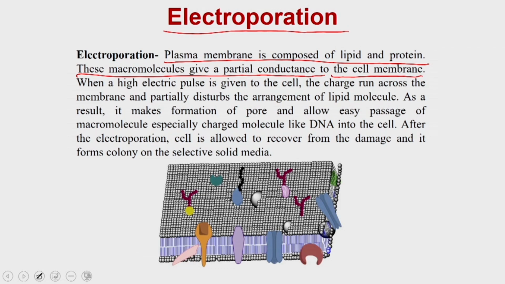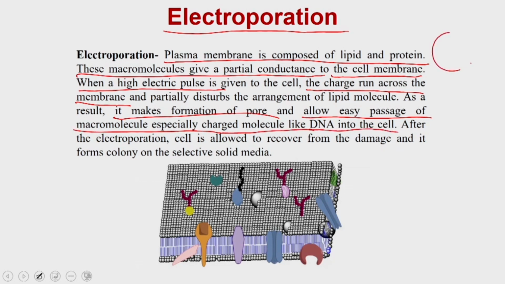If you provide a very high electric pulse to the cell, the charge runs across the membrane, and because you have a partial charge present on the membrane, that disturbs the arrangement of the charge on the membrane and brings a lot of pores onto the membrane. The formation of pores allows the easy passage of macromolecules, especially charged molecules like DNA, into the cell.